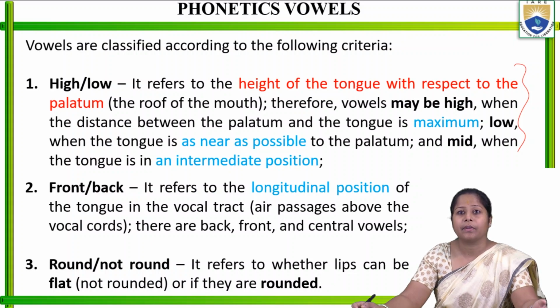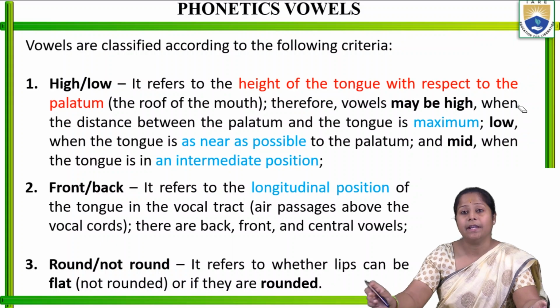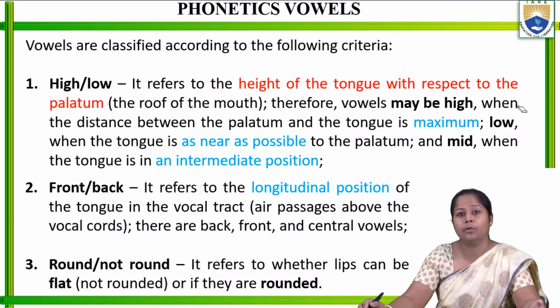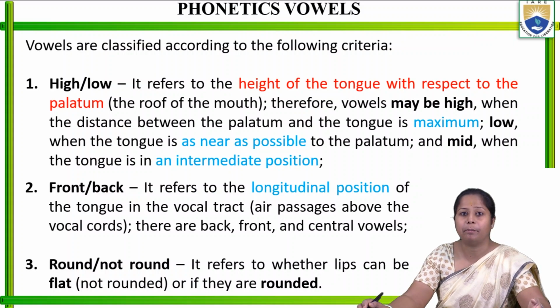And in between, there is mid, which is when the tongue is in an intermediate position. So we can classify high, low, and mid with respect to the height of the tongue with respect to the palatum.